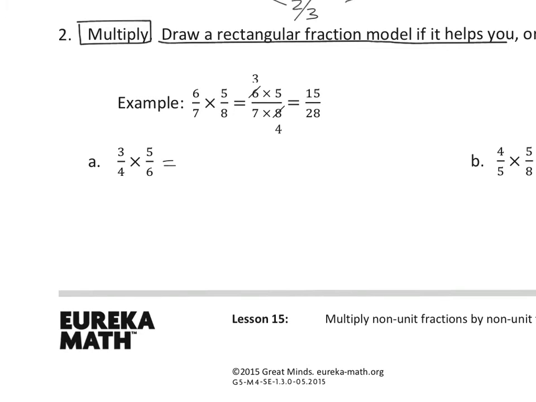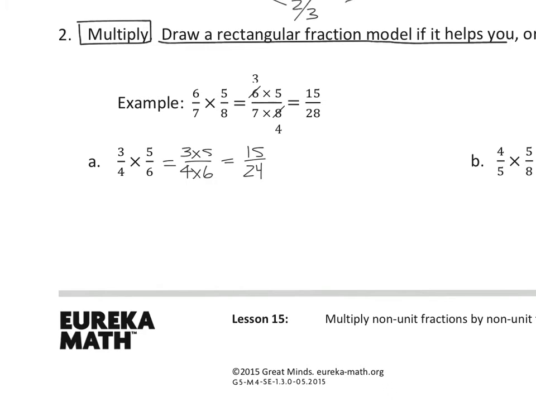So we know with multiplying fractions, we do not need to find common units. All we do is multiply the numerators together and the denominators together. So technically, we're going to do 3 times 5 on top and 4 times 6 on the bottom. And now 15 is the numerator and 24 is the denominator.